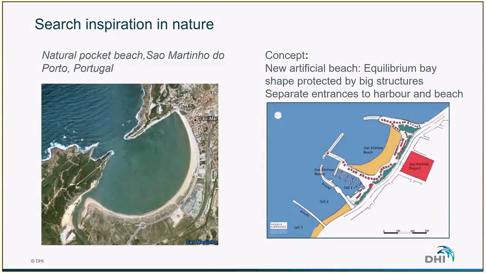We have the large waves coming from the offshore part, and these waves are diffracted through the entrance of the bay. So we reduce the wave action along the beach, but we still maintain a little bit of action to ensure a good exposure of the beach. On the other hand, we manage to reduce quite significantly the wave action.